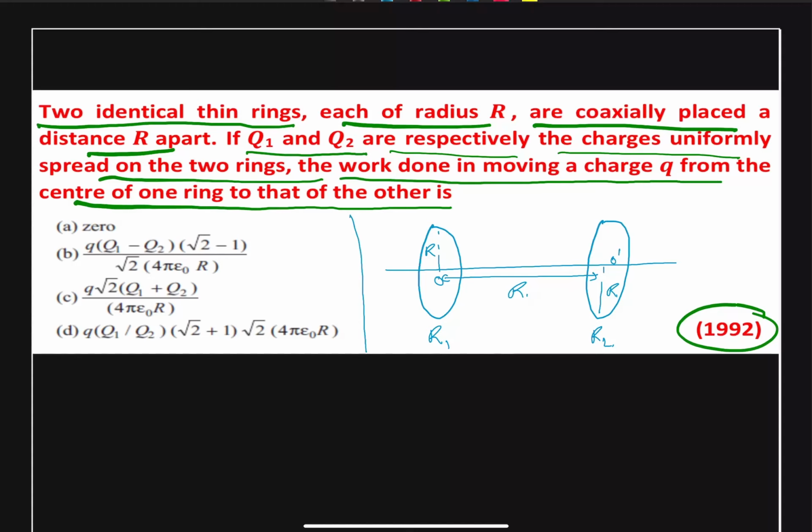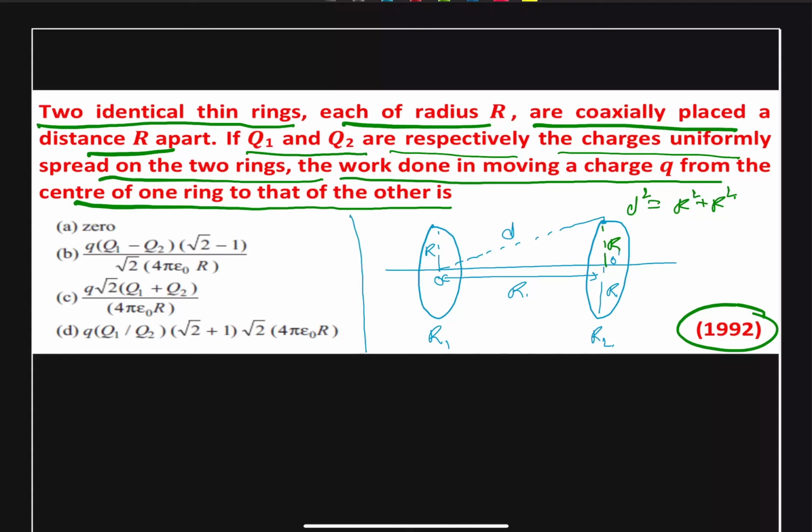So let us join this point and we call this distance d. And we can easily find out our d. This will be our radius, so we can say our d square is equal to r square plus r square.